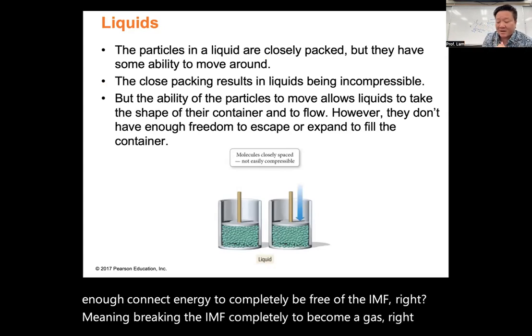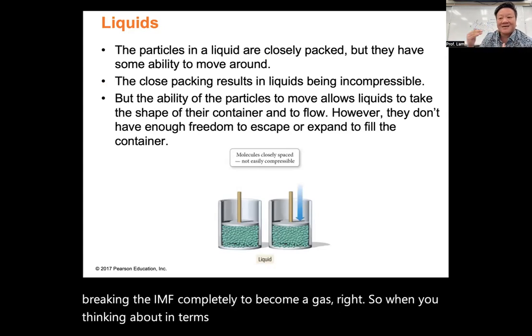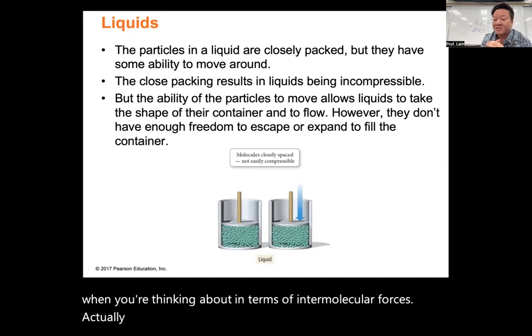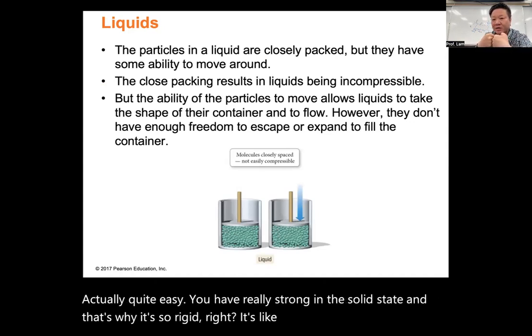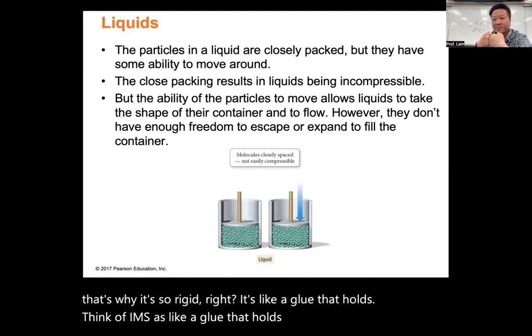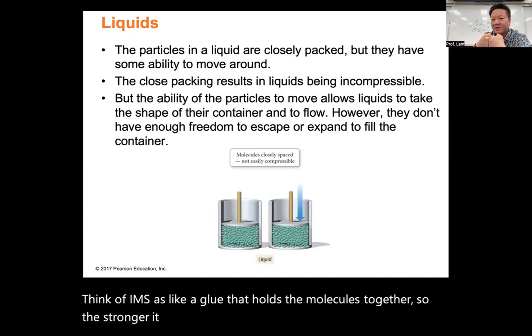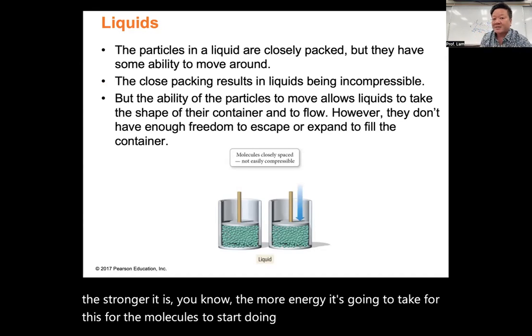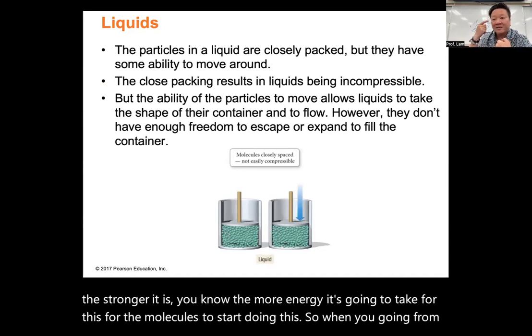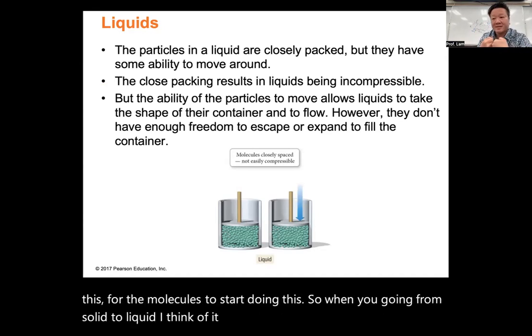So when you're thinking in terms of intermolecular forces, it's actually quite easy. You have really strong IMFs in the solid state, and that's why it's so rigid, right? Think of IMFs as like a glue that holds the molecules together. So the stronger it is, the more energy it's going to take for the molecules to start moving. So when you're going from solid to liquid, I think of it as loosening the IMF, right?